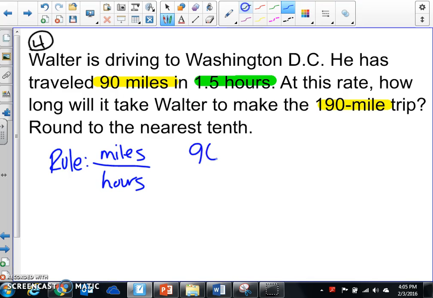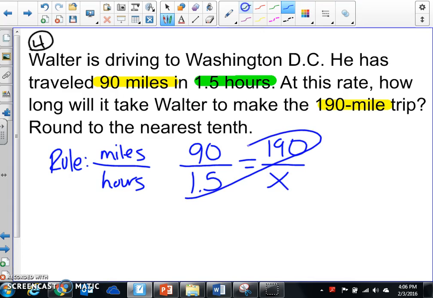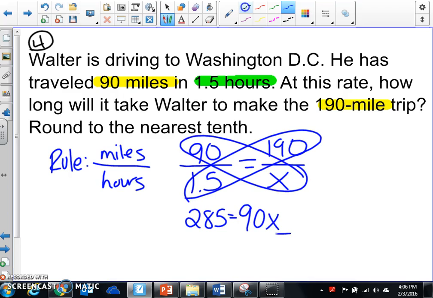So 90 miles on top, 1.5 hours on the bottom. And then the other number was 190, and that's miles, so miles is on top. Now I cross multiply. 1.5 times 190 is 285. 90 times x is 90x, and then I divide both sides by 90.